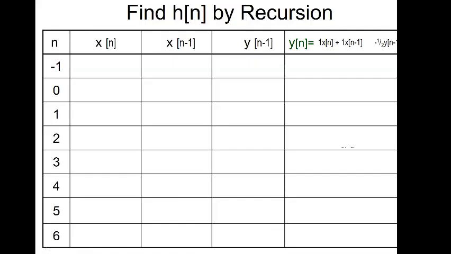And we'll pull up another recursion table for that. This one's kind of like the first one we worked out on Wednesday. Again, our difference equation is up here for computing y. I need an x sub n column, I need an x sub n minus 1 column, and now I need a y of n minus 1 column that's going to take the y of n values and shift them down by 1 position after I compute each of them.